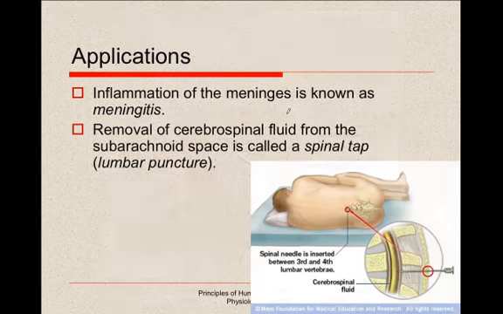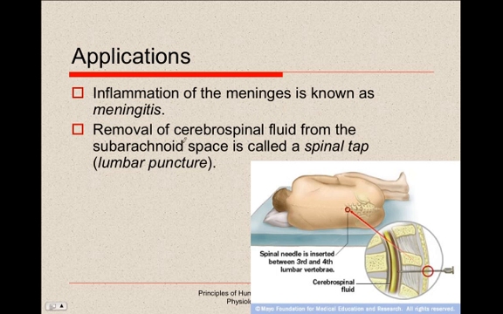And that's the diagram of the lumbar puncture. So again, there are times when we need to remove cerebrospinal fluid. Sometimes they're looking for autoimmune diseases. Sometimes they're looking for bacteria to make sure that there's not a bacterial infection inside the cerebrospinal fluid. If there is a bacterial infection, it can cause inflammation of the meninges, and this is called meningitis.